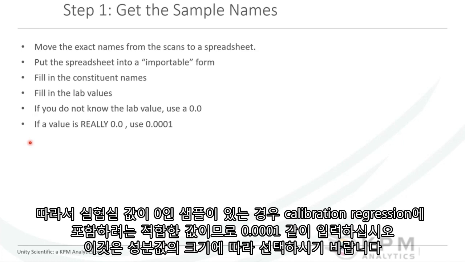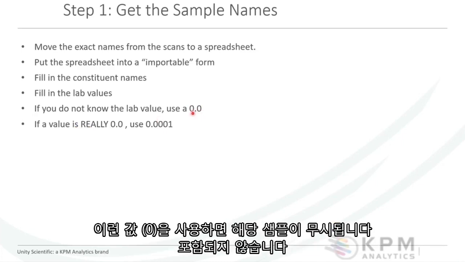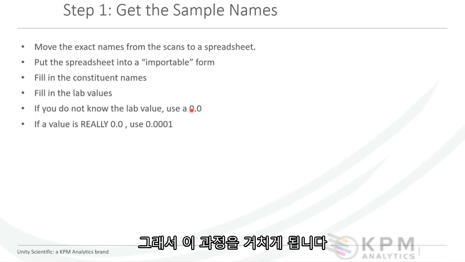So if you have a sample with a lab value of 0 that is a legitimate value that you want to be included in your calibration regression, please put in something like 0.0001 or 4 or 5 zeros, depending on the scale of your constituent values. If UCal4 sees this value, it will treat it as a real value, and that sample will be included in the regression. If UCal4 sees a 0, it will ignore that sample. It will not be included. Okay? So we're going to go through this process.